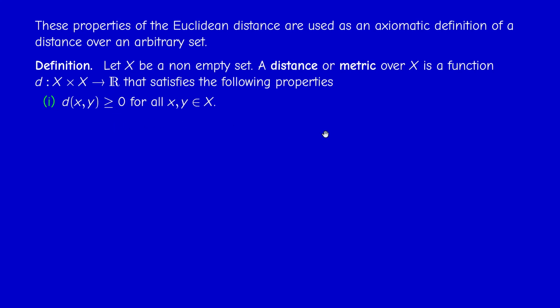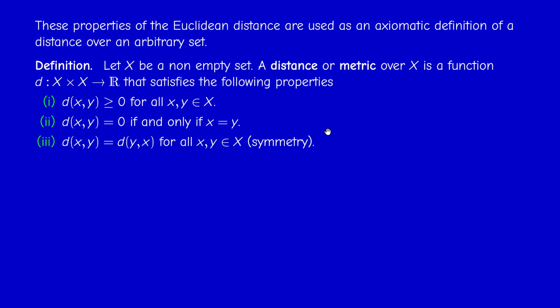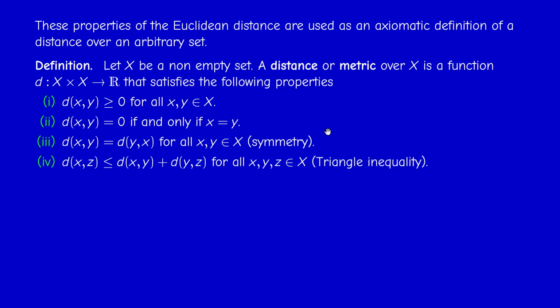First, it's non-negative, so bigger or equal to 0. It's 0 if and only if the 2 points coincide. It's symmetric, and it satisfies the triangle inequality.